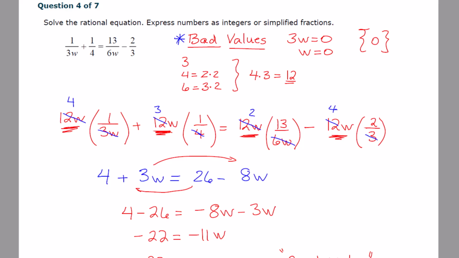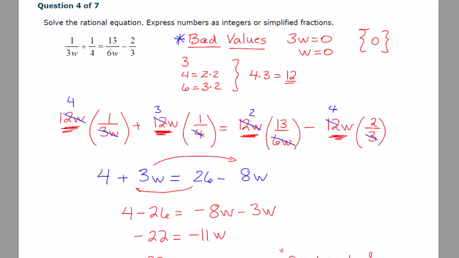Well, got the most number of 2's, 2 2's, 1 3, and so I'm going to multiply by 12, but 12w because I want that to cancel as well. So the w's go, 3 goes into 12 4 times, 4 goes into 12 3 times, leaving me a 3w.